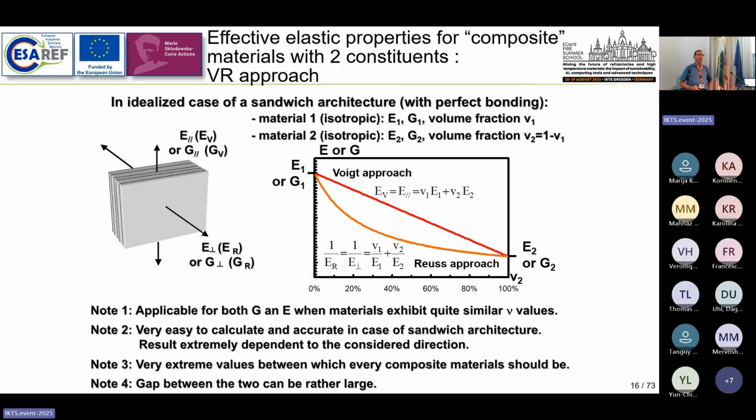The first mixture rule, and this is also very popular, is the Voigt and Reuss formulation, which is quite simple. I will not refresh your mind about that, but this is typically what we call a mixture law, and it is very often used in papers, because it is very easy to apply. But in fact, it is not because it is very easy to apply that it is true.